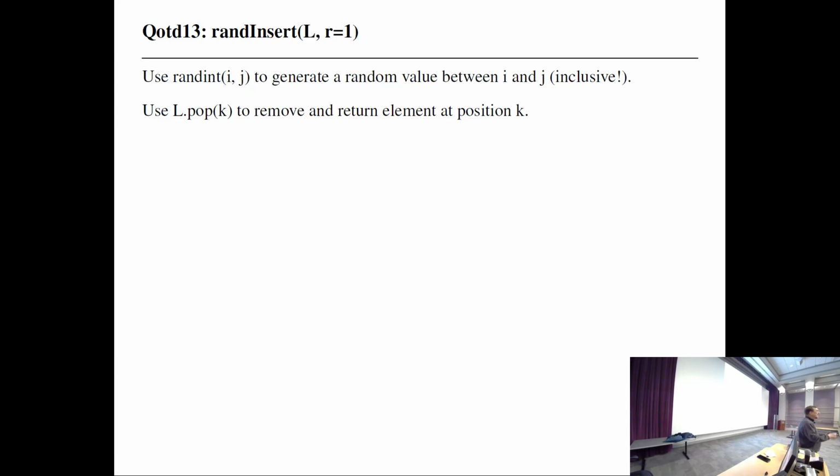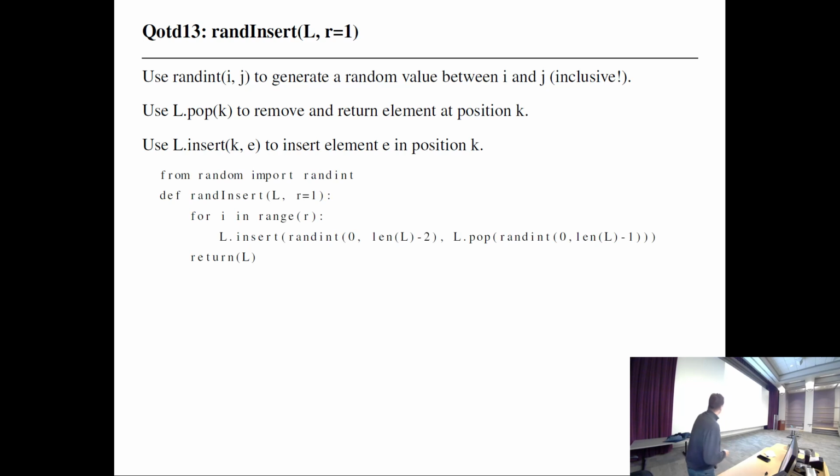This is exactly akin to picking a card from a hand and removing it and having a pointer to the card itself. The insert method takes a position k and an element to insert. So I can combine these two with the appropriate calls to randint to remove a random element and reinsert it in a random place. So there's the function.